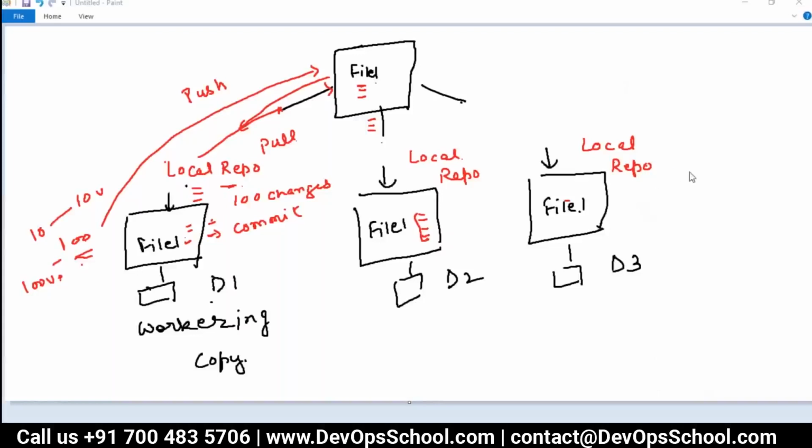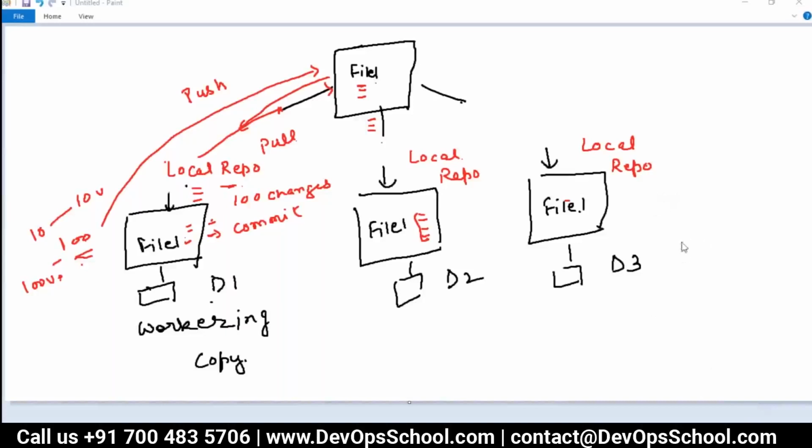Oh, I can see two Dishant. Is it the same person or different person? Okay, same. So you are connected with two.